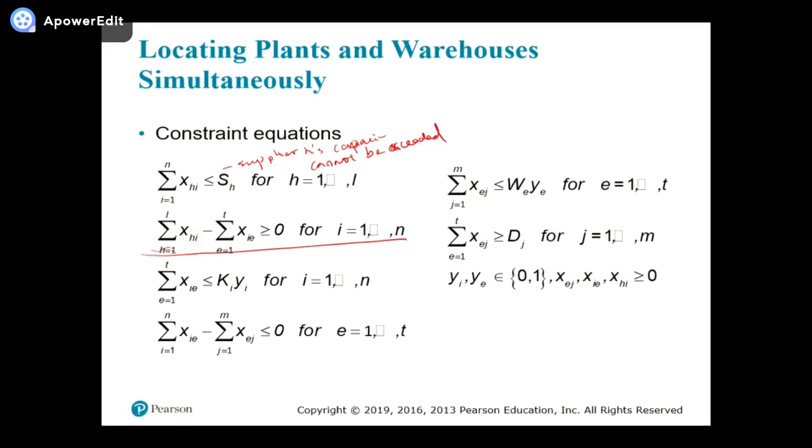So this one is the total amount supplied to factory I, and this is the total amount output by factory I, or shipped by factory I. So basically this is to say the amount shipped out of factory I cannot exceed the materials received.